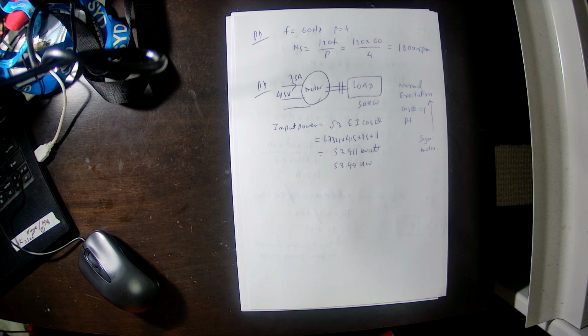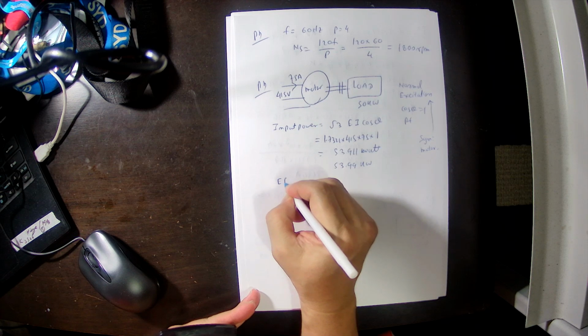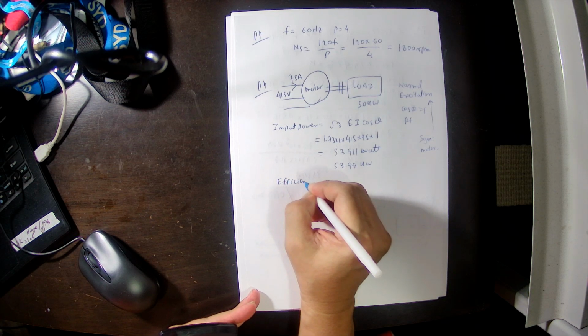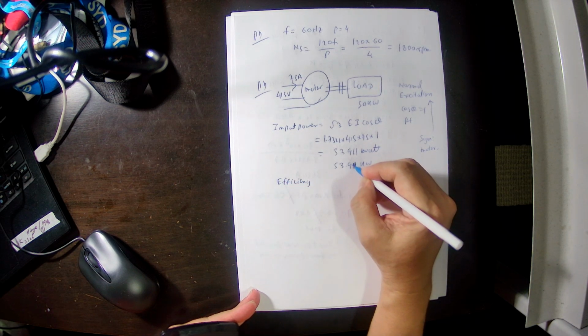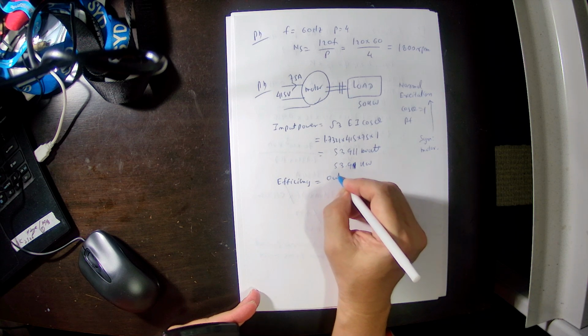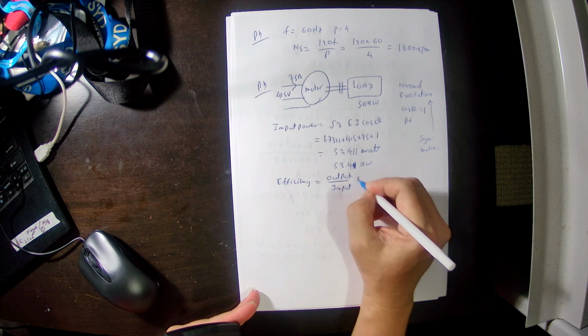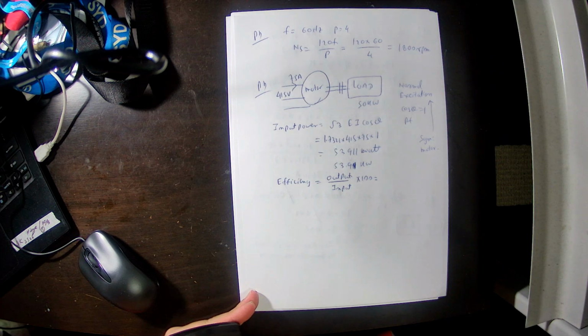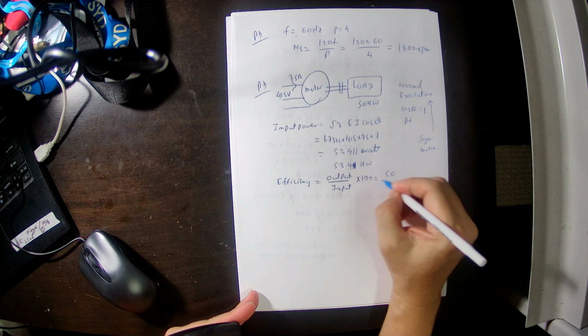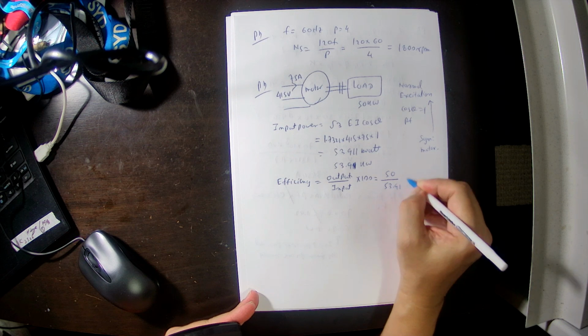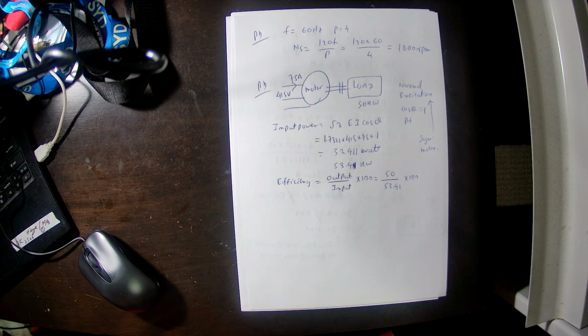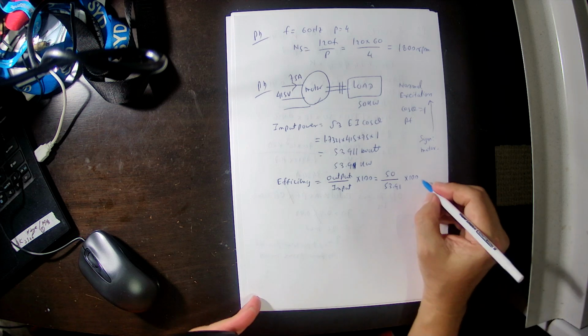Also, we have to calculate efficiency. The efficiency is output divided by input multiplied by 100. The output power we know is 50 kilowatt, input power is 53.91, into 100. So 50 divided by 53.91 will be 92.7%.